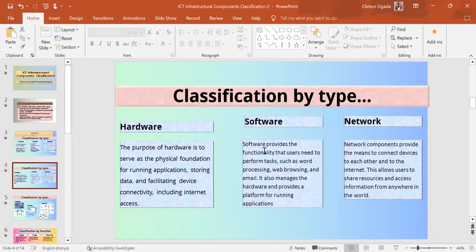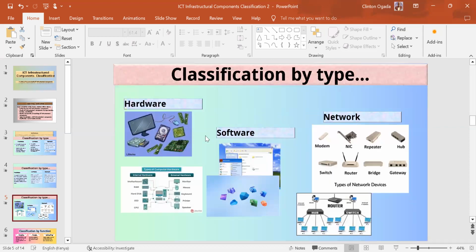When it comes to software, the purpose of software is to provide functionality that users need to perform tasks such as word processing, web browsing, and email. And software also manages the hardware and provides a platform for running applications. Finally, when it comes to network, it is important to help us connect devices with each other.